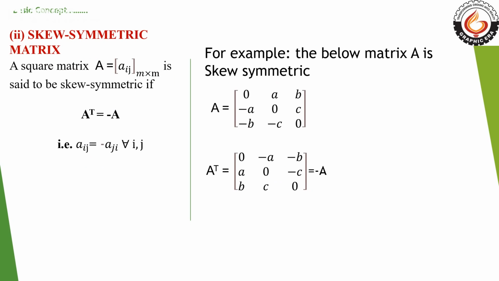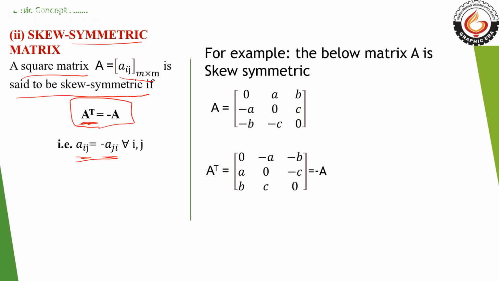Now the skew symmetric matrix. We say a square matrix A = [Aij], of order m, is said to be skew symmetric if we take the transpose of the matrix and we get the negative of that matrix, that is, the element Aij is equal to minus Aji for all i, j.